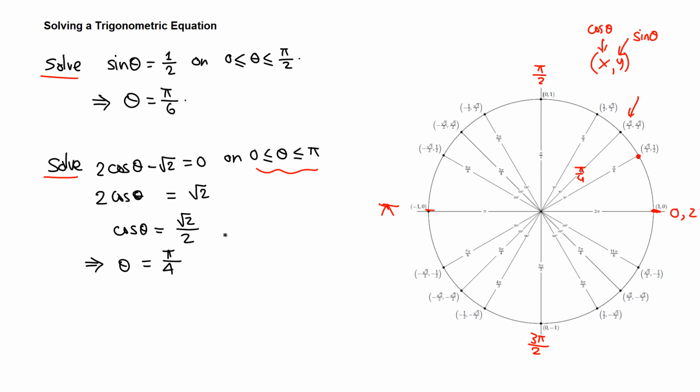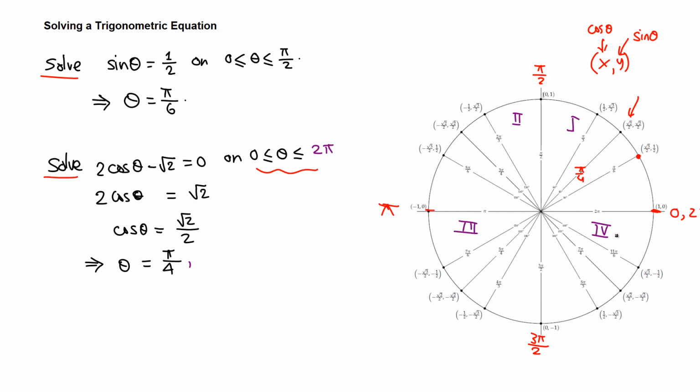For the same question, if our domain here is all the way to, let's say, 2 pi, that means we need to look at the first quadrant, second, third, and fourth. The same thing, but we would have another angle as well, because cosine is positive where cosine means x coordinate.